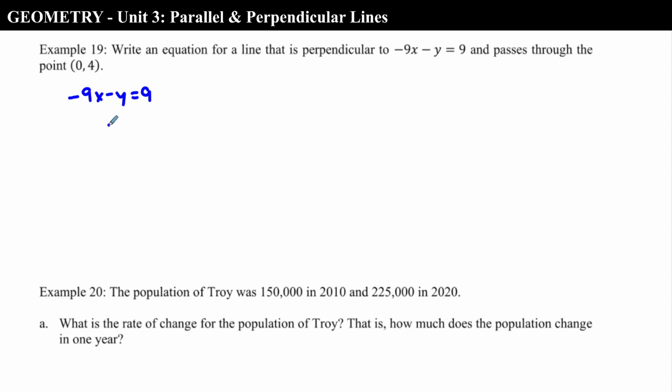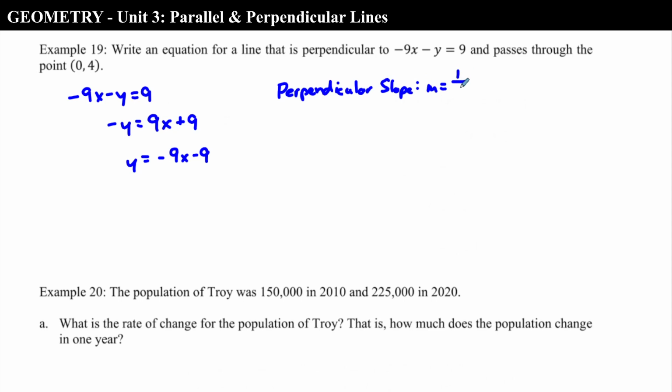So we're going to move the 9x to the other side, and then we're going to multiply everything by negative 1, and that will flip the sign of everything. So our perpendicular slope is going to be m equals 1/9.